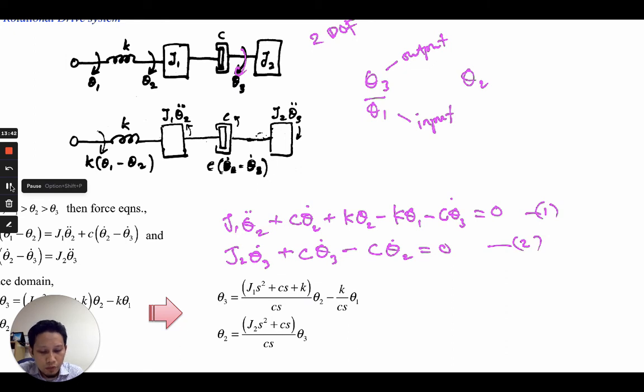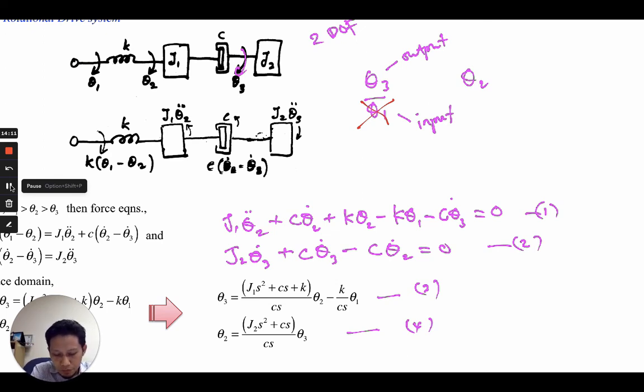We do not need to find the equation for theta 1, so we only need to consider theta 3 and theta 2. We find the equations so that we can use them to draw the signal flow graph. That's why we convert these equations of motion 1 and 2 to new equations, equation 3 and equation 4.